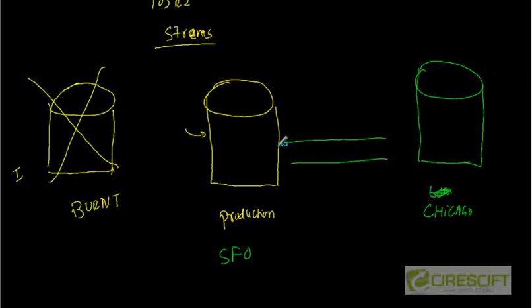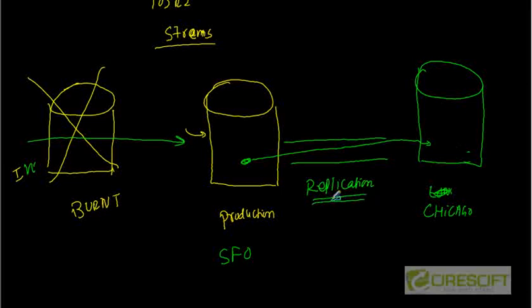Whenever some customer is doing an insert here, the same insert should be rerun in the Chicago database. Or else whatever data has been changed here needs to be told to the Chicago database, so that it changes as well. That is called replication.